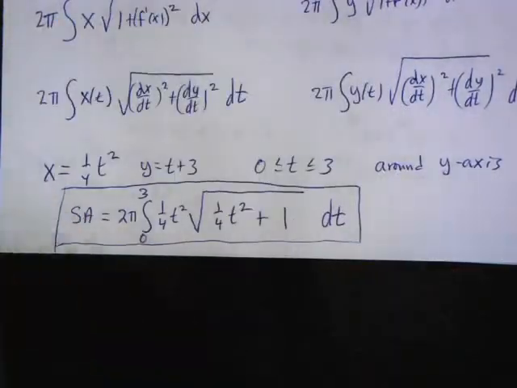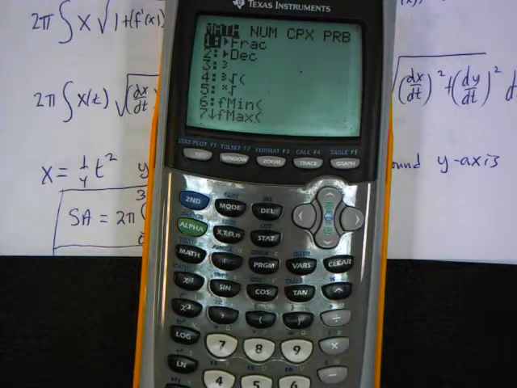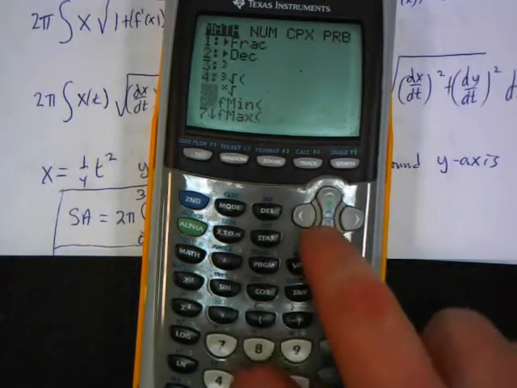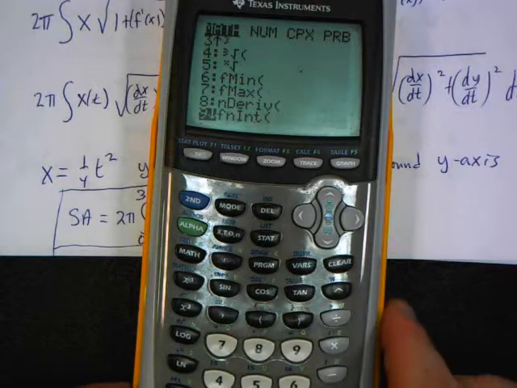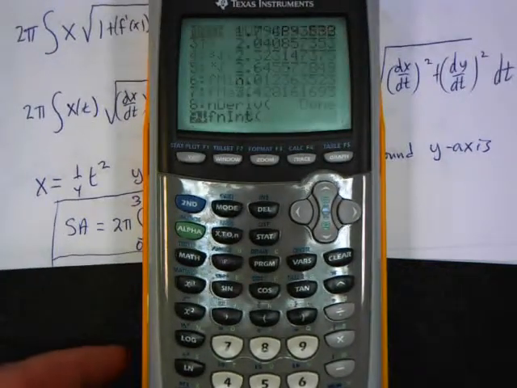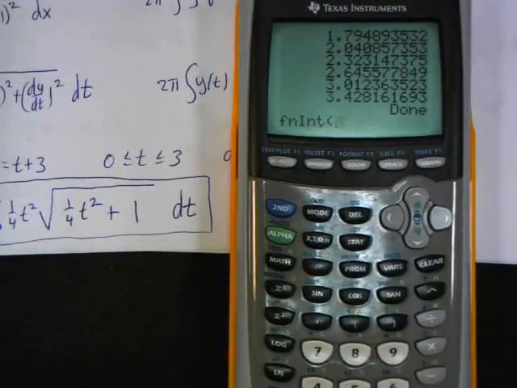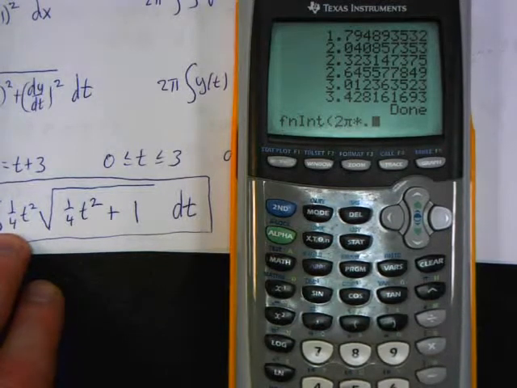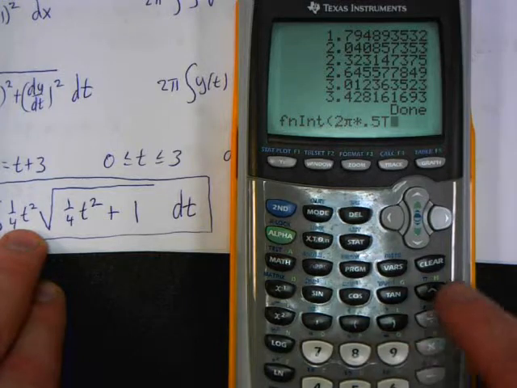Go to Math, go down, down, down, down, down. There's your function integral. Now, it's going to be kind of a pain in the neck to type it in. You're going to need 2 pi times 1/4 t squared.